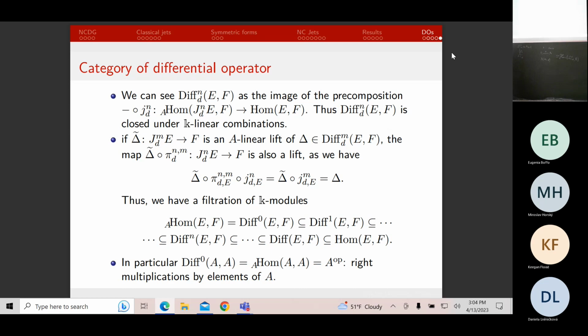And okay, more properties on differential operators. First of all, we can see differential operators as the image of the precomposition by the prolongation.